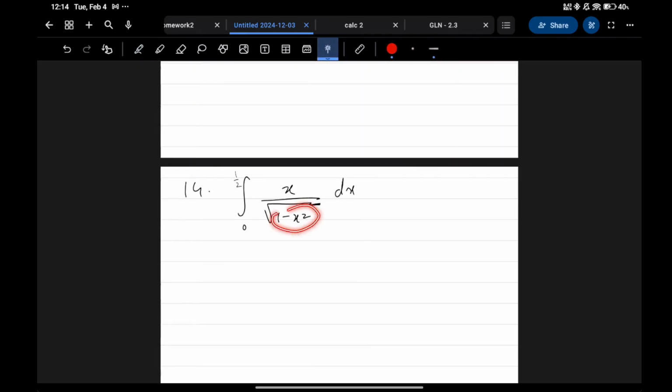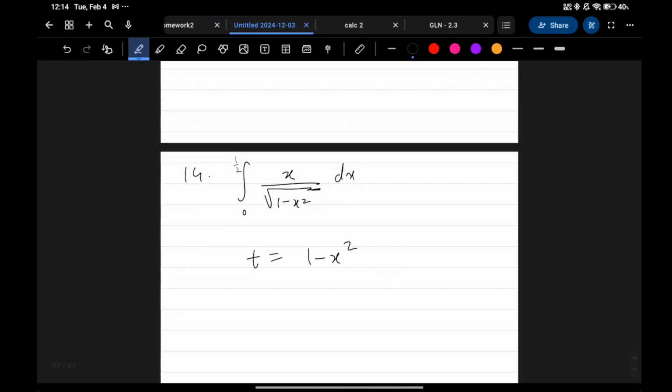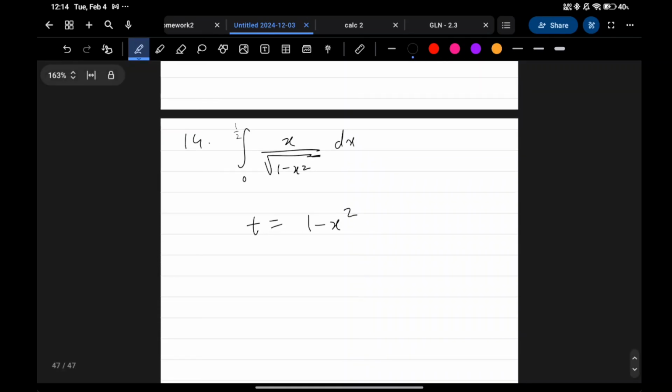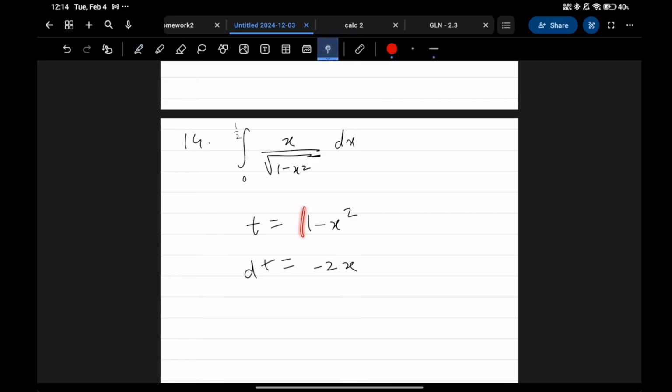First, it looks a bit complicated, and the x squared would derivate to a single power, right? The power would get knocked down. Let's take t equals 1 minus x squared, and let's derivate that. That becomes dt equals minus 2x dx, right? Do not forget to put a dx over here.